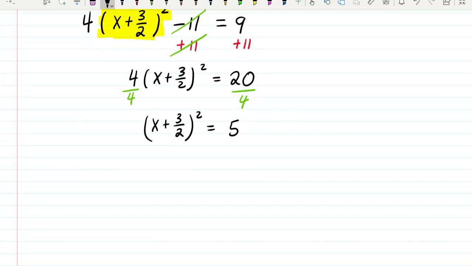To get rid of this square, take the square root of each side. Make sure you put plus minus in front of the square root of 5. Now it is x plus 3 over 2 is plus minus root 5.